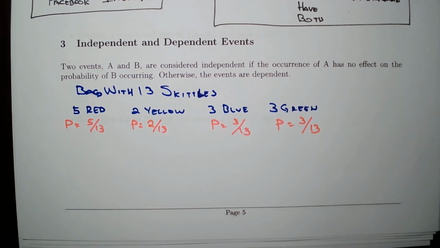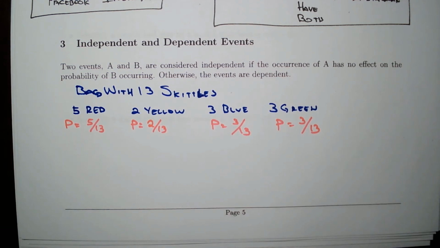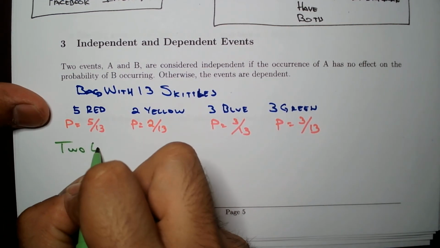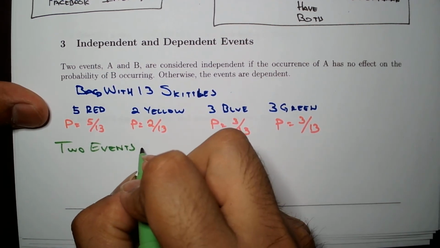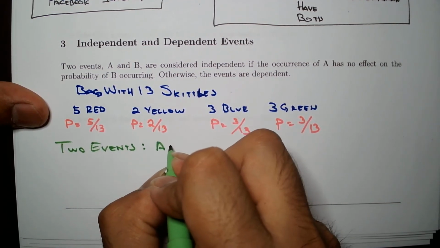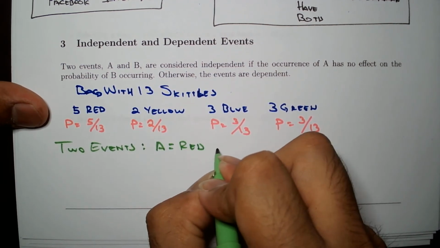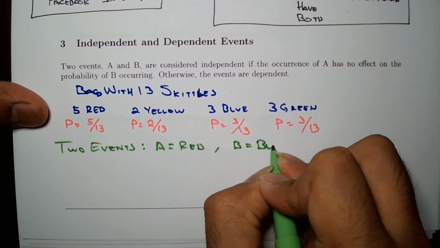All right, now that's in the first place for the first event. So let's say 2 events. Define 2 events. A is red and B is blue.